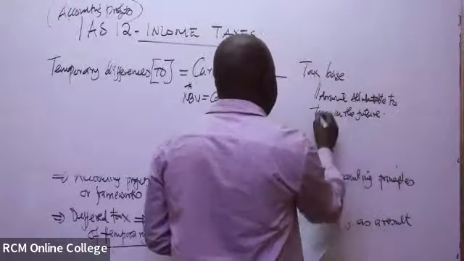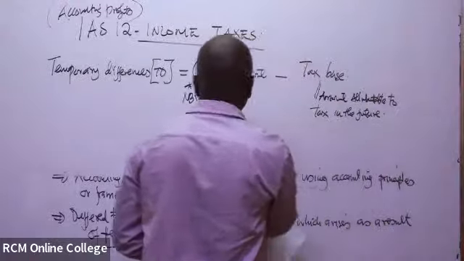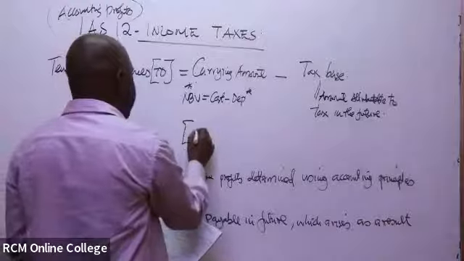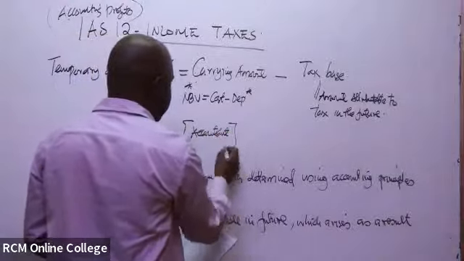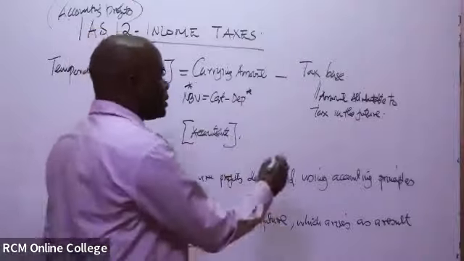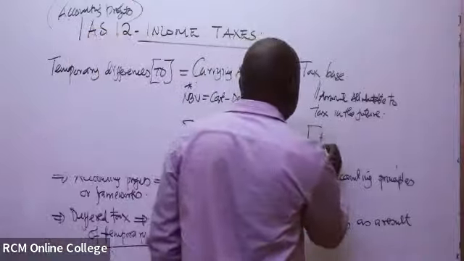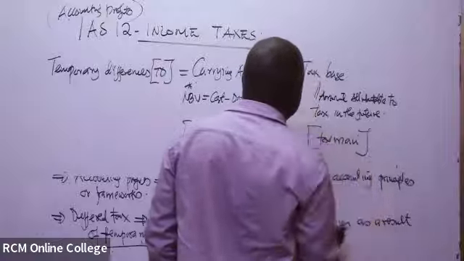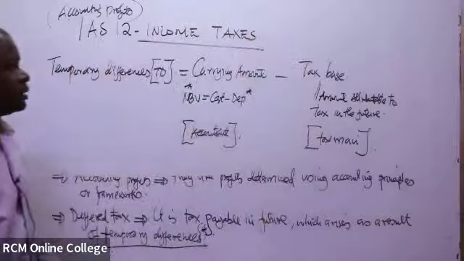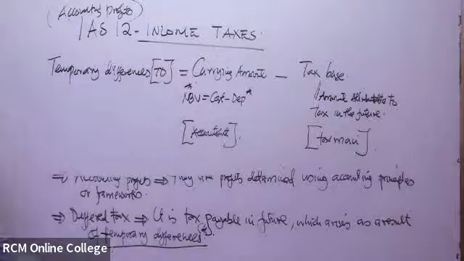So this one, the carrying amount, is determined by the accountant as he prepares his books of accounts. But now the tax base is what the taxman was expecting. This is the amount that was supposed to be taxed.